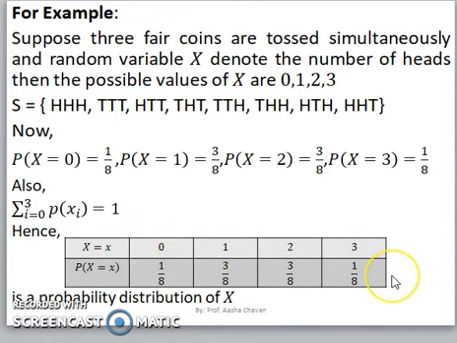As per the definition of probability distribution of a random variable, the probabilities for all values of x lie between 0 and 1. If we take the summation of all these probabilities, it equals 1. It means that this function satisfies the properties of a PMF, that is, the probability distribution, also known as the probability mass function of x.